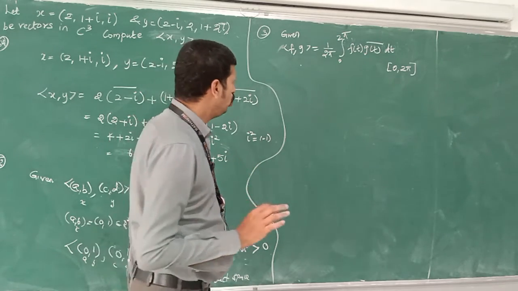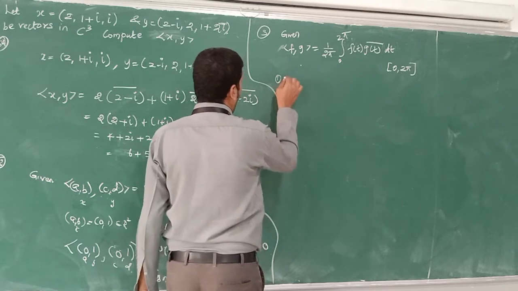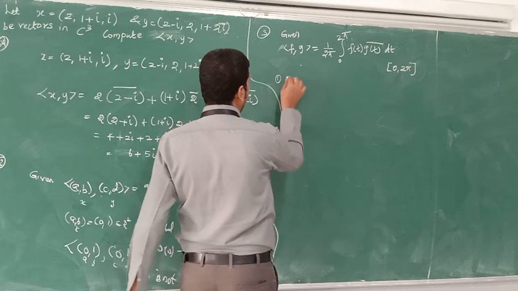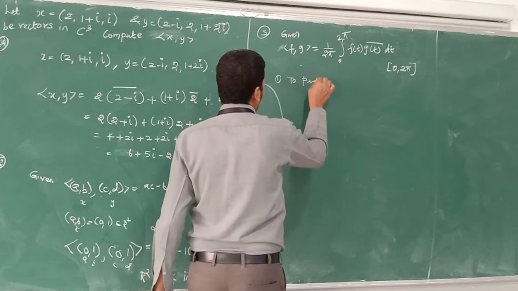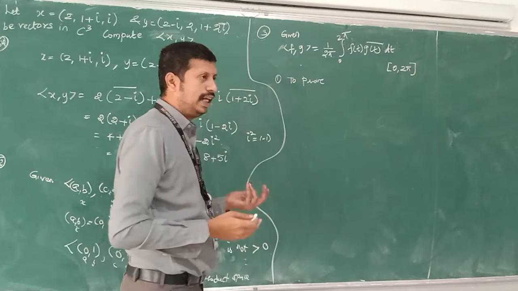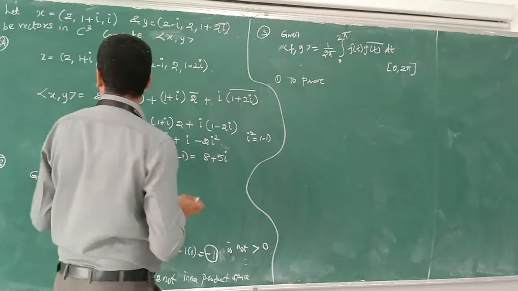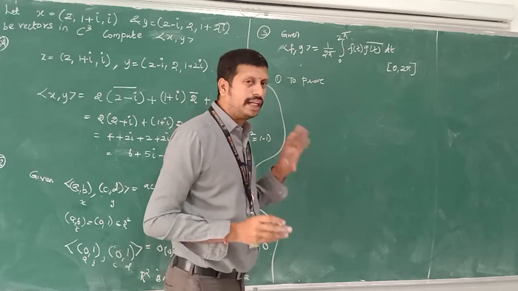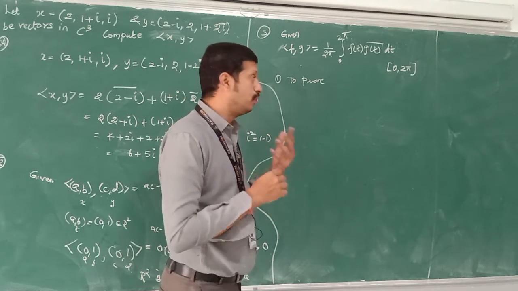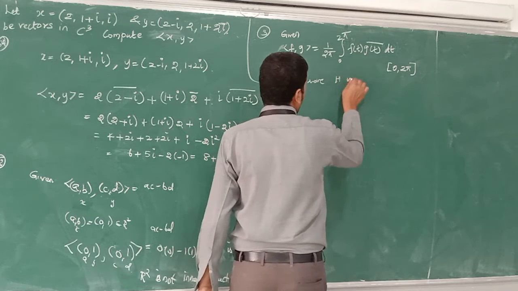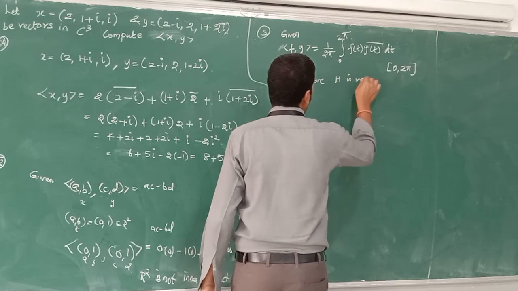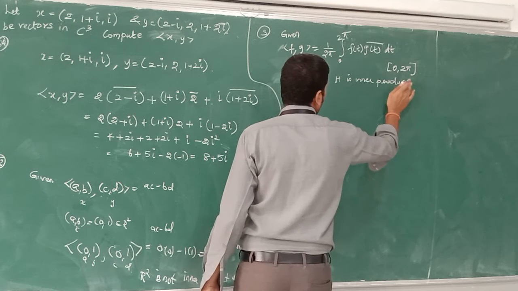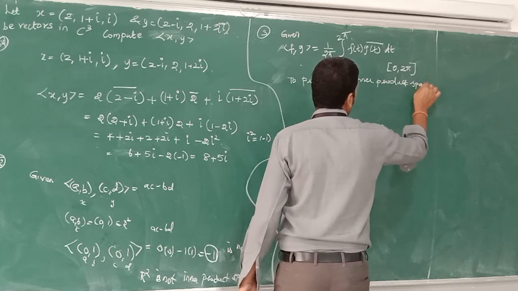First, to prove the first property. If we prove the three things, then we can say that H defined on this one is an inner product. If we have to prove H is an inner product space, first of all we have to prove one property.